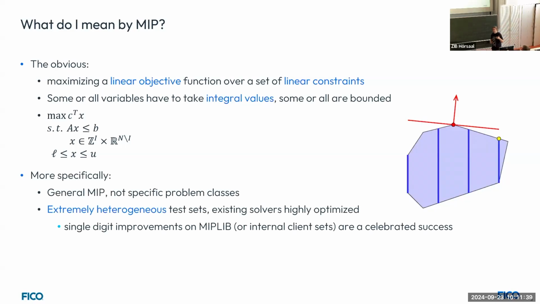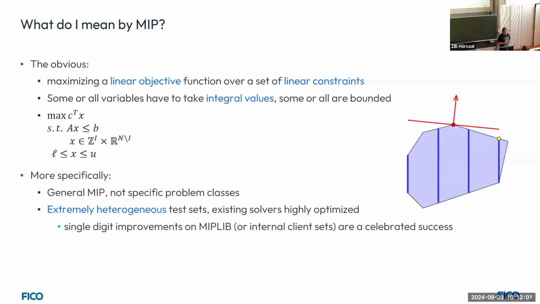More specifically, in this presentation, and that's important to say in the context of ML applications, I will be exclusively covering applications for general MIP. So no specific problem classes, training a model once for a class of knapsack problems, then for a class of set partitioning problems, and so on.